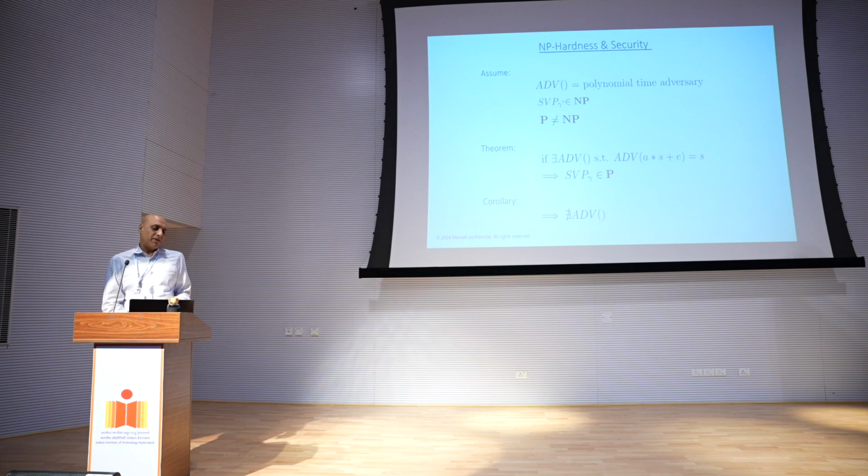But number theorists have been looking at SVP gamma for a very long time, over 150 years. And they have not found any algorithm to break SVP gamma, or to say that SVP gamma is in P. It is firmly in NP. However, if this adversary exists, it implies that SVP gamma is in P, so this adversary does not exist. That's your fundamental security guarantee right there.